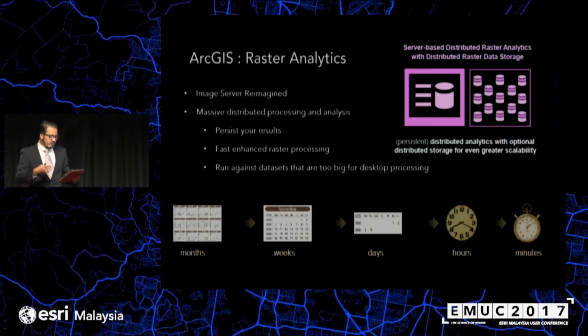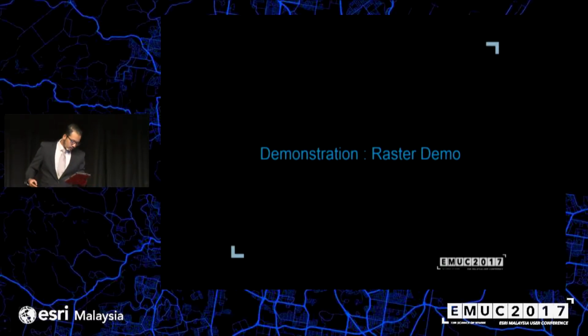Image Server is designed to work with very large image datasets, and it can work faster than the desktop. The good thing with raster analytics is that you can process, produce, and share to your portal in the concept of enterprise GIS. Now, let's take a look at what ArcGIS Pro can do with imagery.